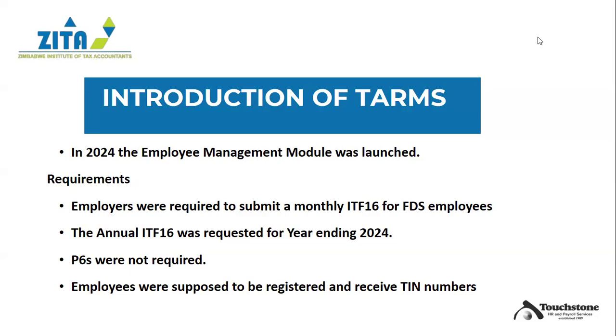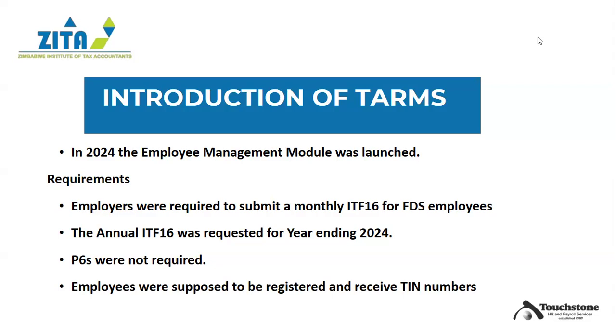But now, with the launch of the employee management module, we had to submit an ITF-16 for FDS employees monthly. The annual ITF-16 was requested for year ending 2024, but as you remember, it wasn't requested in 2025. So the last year that we had submitted an ITF-16 was year ending 2024.